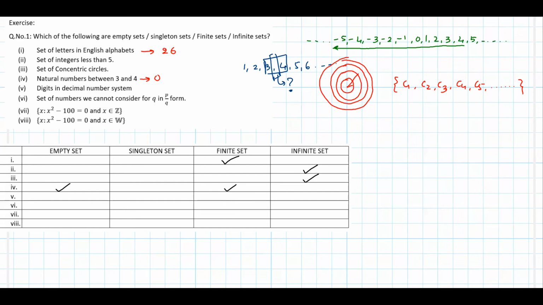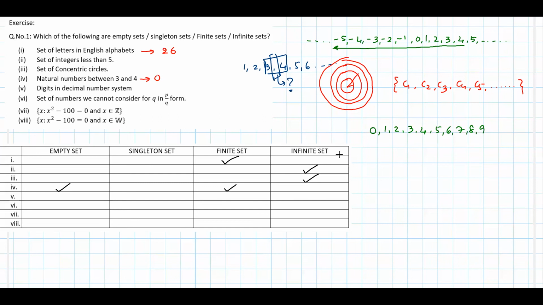So in the decimal number system, if you take any number, the digits in the number are out of 1, 2, 3, 4, 5, 6, 7, 8, 9, and 0. So you can form any number using the digits from this list. Agree? So how many digits are there here?